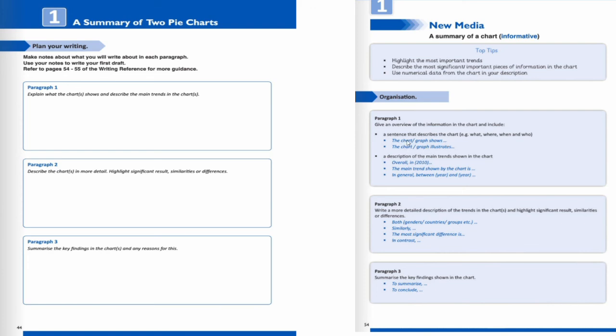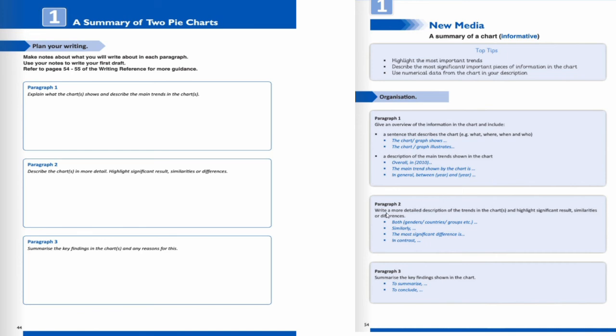This is the beginning of our first paragraph. The second point, a description of the main trends shown in the chart: overall in 2010, or the main trend shown by the chart is, or in general, between year and year, and you continue your analysis.